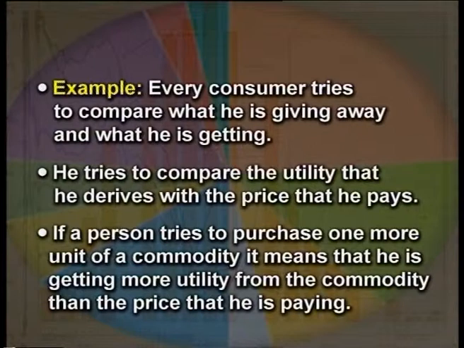And so if a person tries to purchase one more unit of a commodity, it means that he is getting more utility from the commodity than the price that he is paying for it. And therefore, if in the first instance a person purchased 1 unit of a commodity, it would mean that the price is lesser than the utility that he is deriving from that unit.